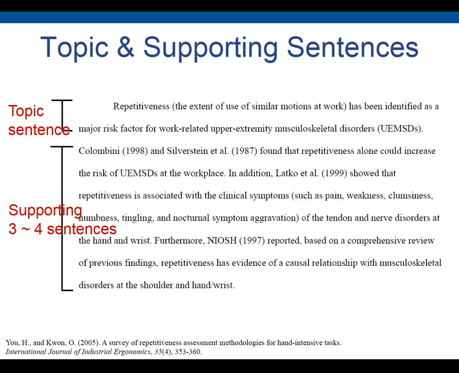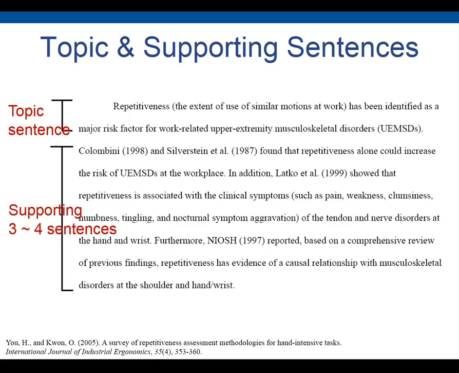Then what is Colombini here? Colombini is the author's last name. This journal was written in 1998. And here we can see the et al. What is et al, by the way? Et al means there are more than 3 authors.